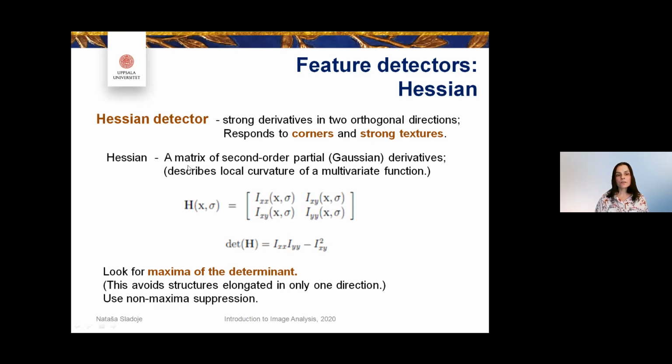Such a matrix of second-order derivatives describes local curvature of a multivariate function in general, and that then holds for our image function as well.